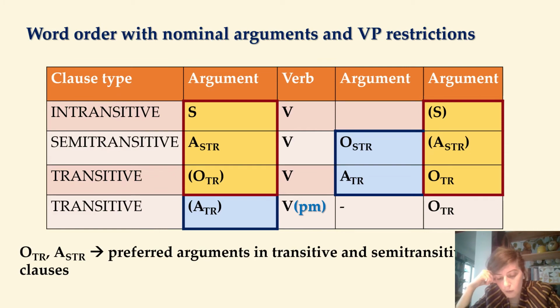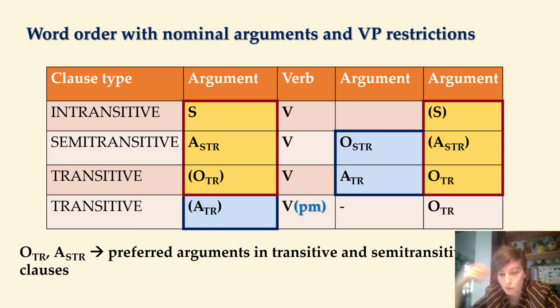So in a way, we can say that the S argument, the semitransitive agent, and the transitive object are preferred arguments in terms of word order, because they can move freely in the clause in different positions, and this is different from the other two arguments of semitransitive and transitive clauses.